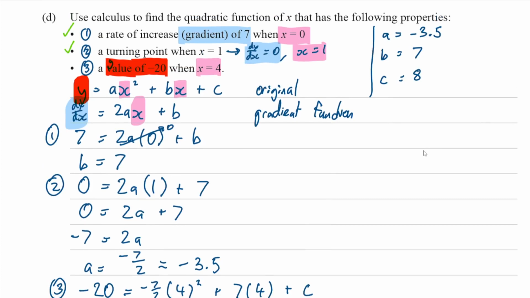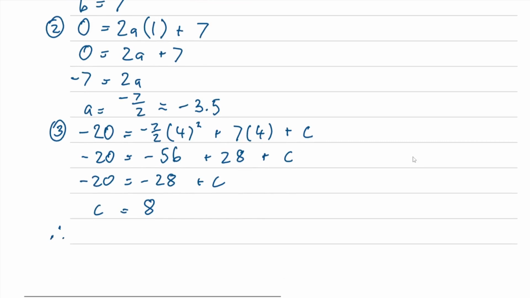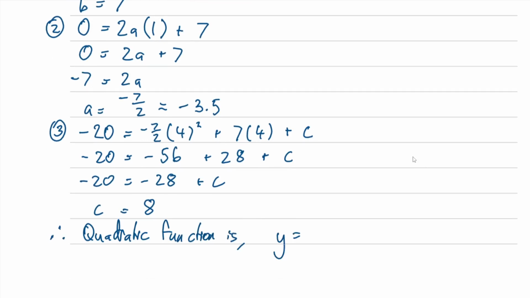And that's all we need to fully characterize a quadratic function. So let's answer it. So therefore, the quadratic function is y equals a, which was negative 7 over 2, or negative 3.5, x squared plus b, which was 7x, plus c, which is 8. And we're done, just like that.